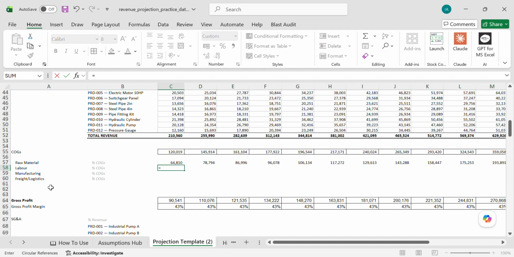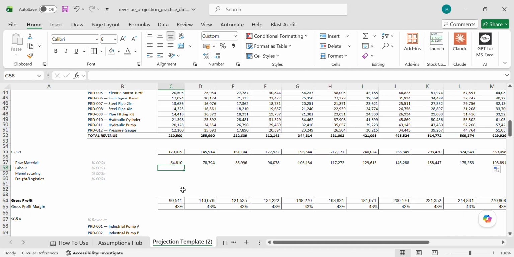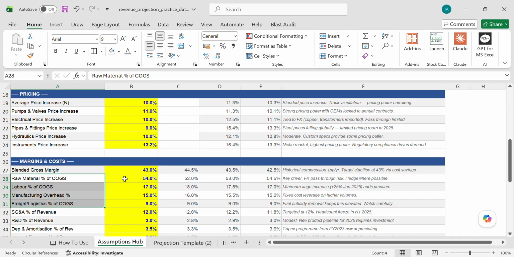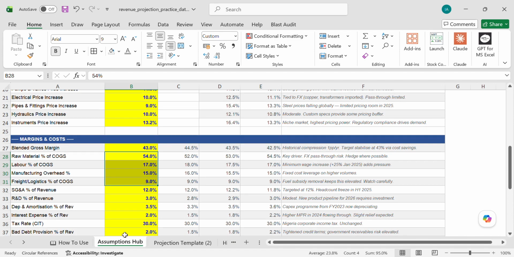This is taking up labor. Labor. 95. What does the remaining 5% go to? Okay.